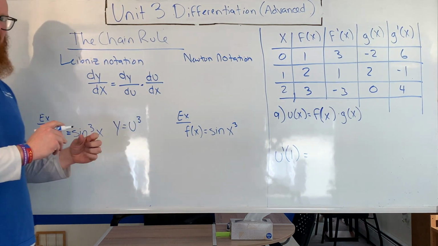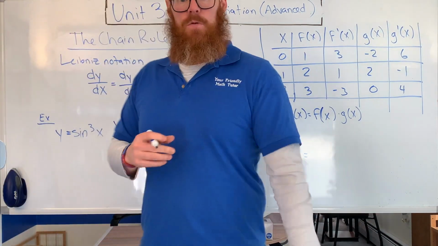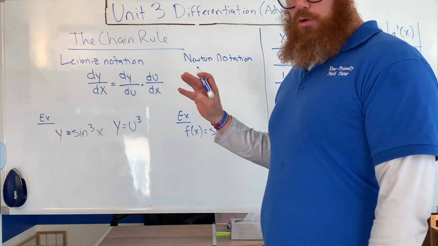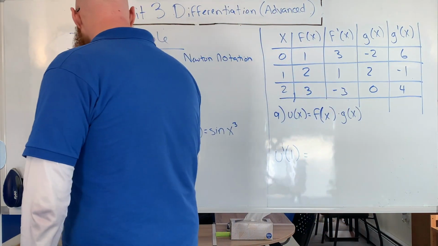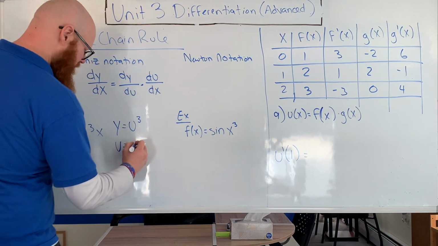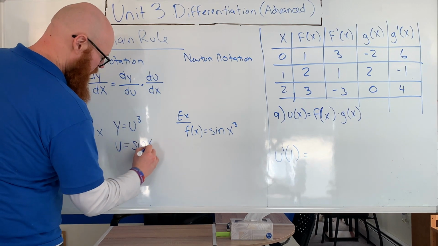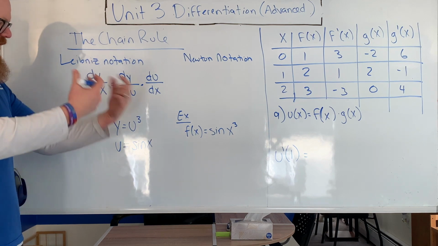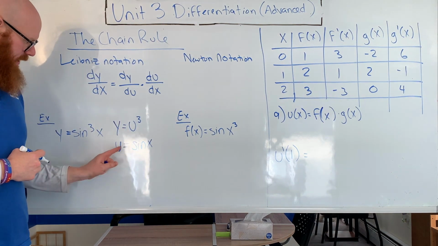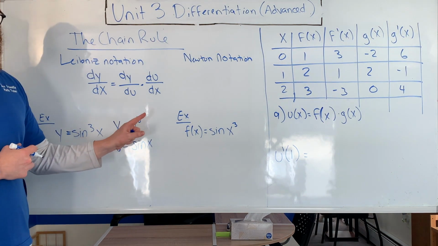This is the sine that's being cubed, so we're writing it as u to the third power. Then we need a u function in terms of x. Well, u is simply sine x, the thing that's being cubed. So look at how this breaks down: it's the sine, sine is u, and then u is being cubed.